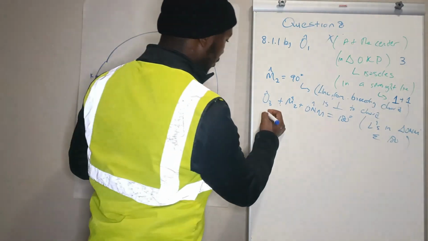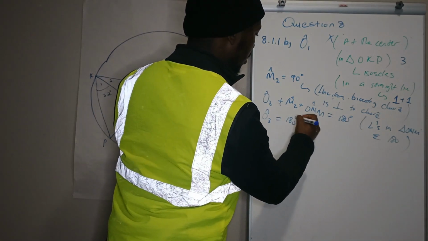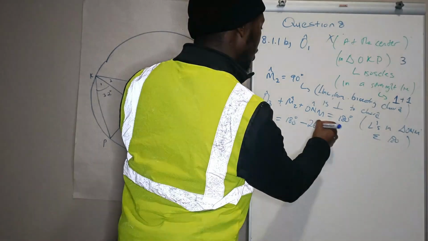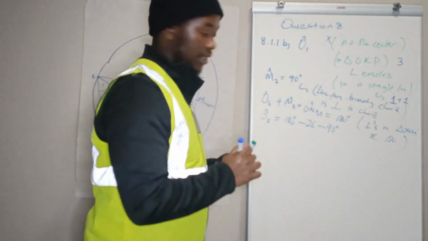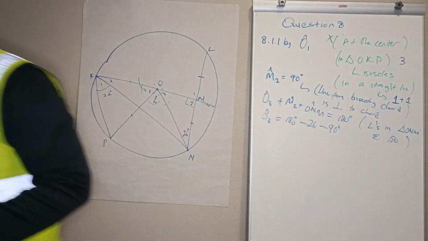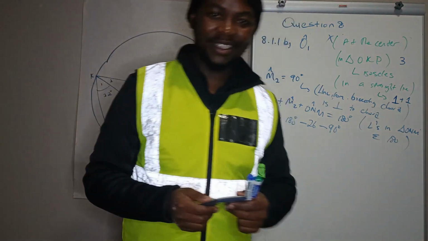So what is O3? 180 degrees, you subtract 26, and then you subtract 90 degrees. All right, let me get a calculator for this. All right, we're back.